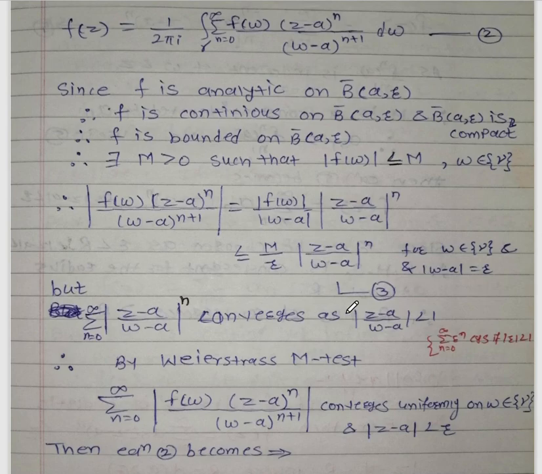So let us consider equation number 3. The summation n = 0 to infinity of |(z - a)/(w - a)|^n converges as |z - a|/|w - a| < 1. This term converges by using the geometric series.